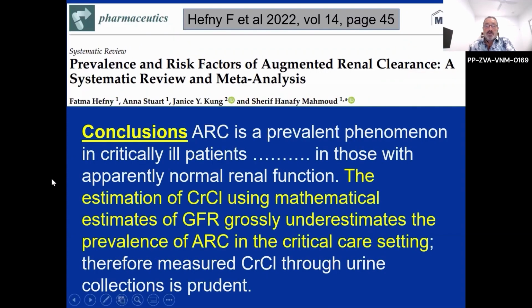And this has been reviewed, and this is probably the most recent review on augmented renal clearance. 2022, and they showed that the estimation of creatinine clearance using mathematical estimates grossly underestimates the prevalence of ARC in the critically ill. In other words, you should be measuring creatinine clearance rather than calculating from formula. I know a lot of people do, but an 8-hour creatinine clearance is not that hard in an ICU.